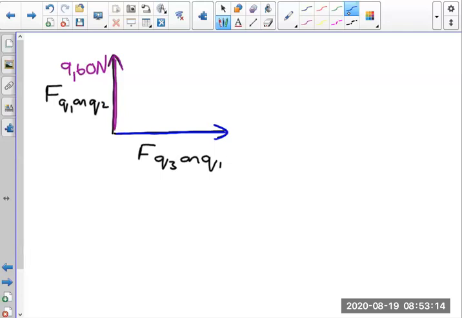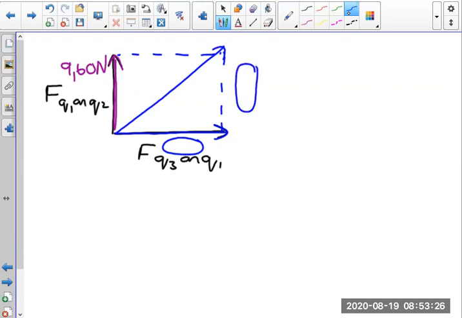If I have a number for this force, then I can use Pythagoras to work out F net at the end. Because then we have this value, which is 9.60, and we will have a value there, and then we use Pythagoras to work out F net.